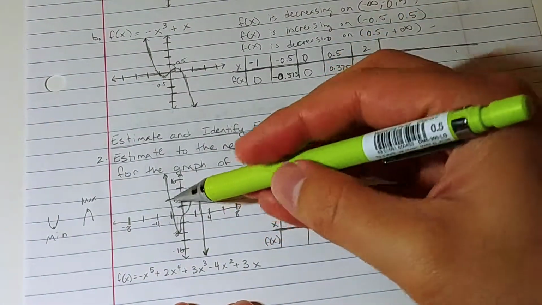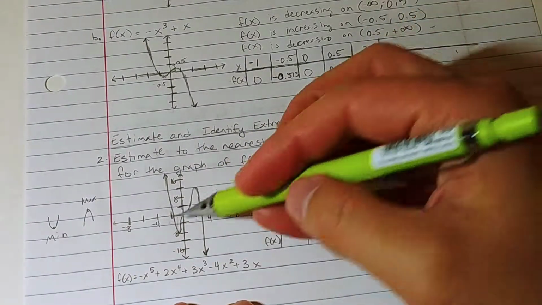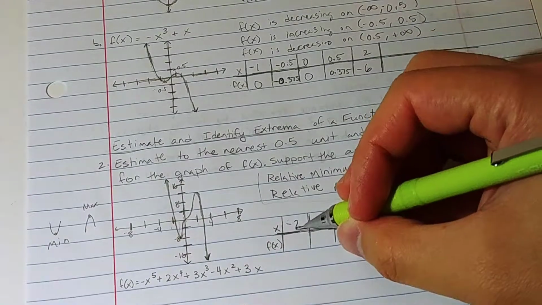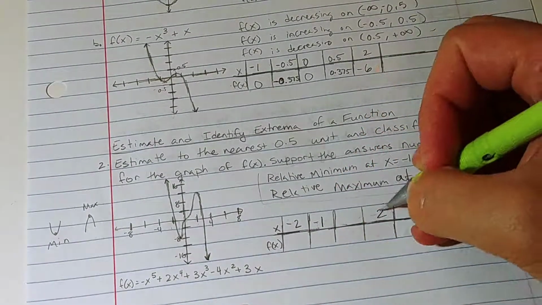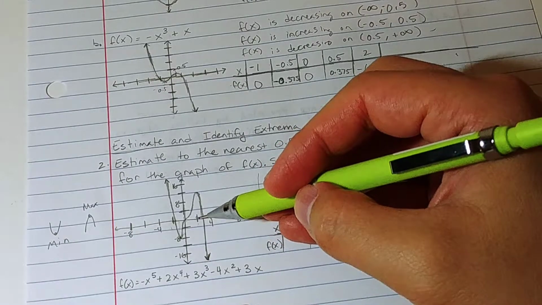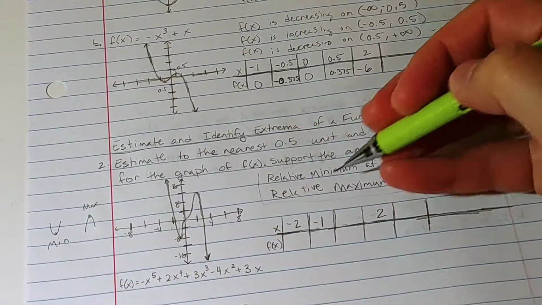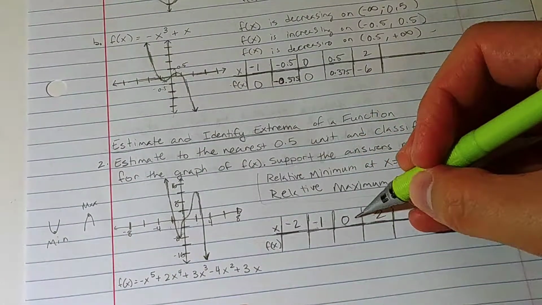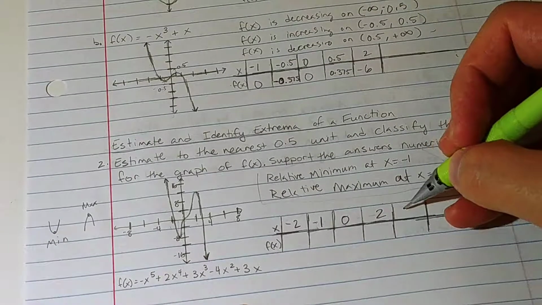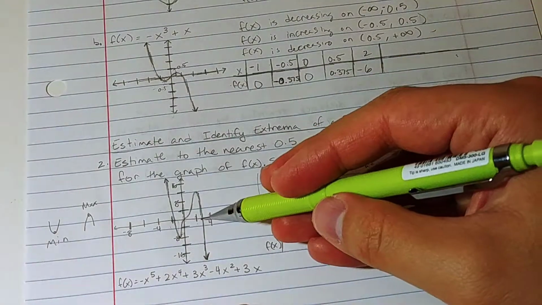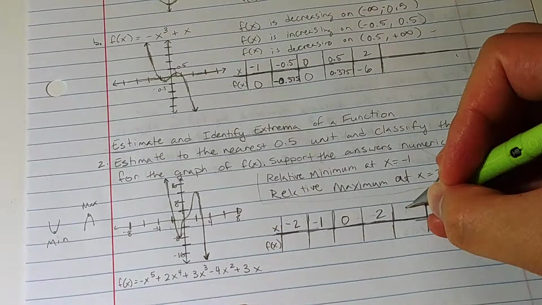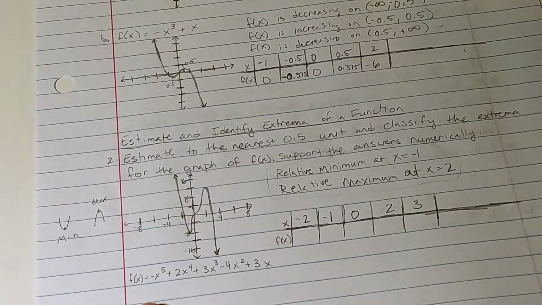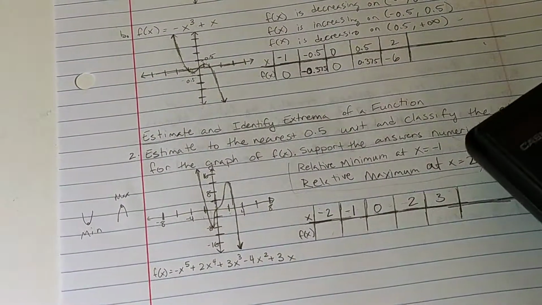Let's go with negative 2. And then a point in between negative 1 and 2. So we could choose 0, 0 is the easiest. And a point after 2 or bigger than 2. So we could say 3, we could say 4. Okay, let's do 3. And again, we're just going to plug that into this massive function right there.